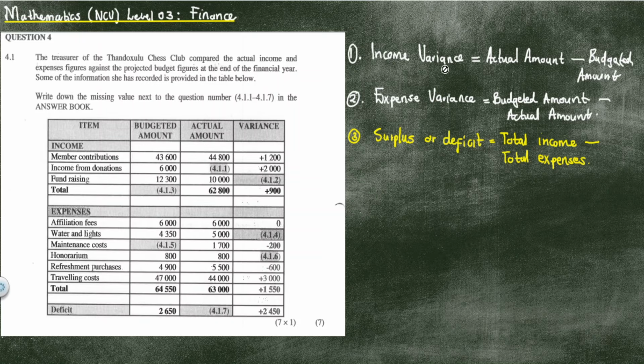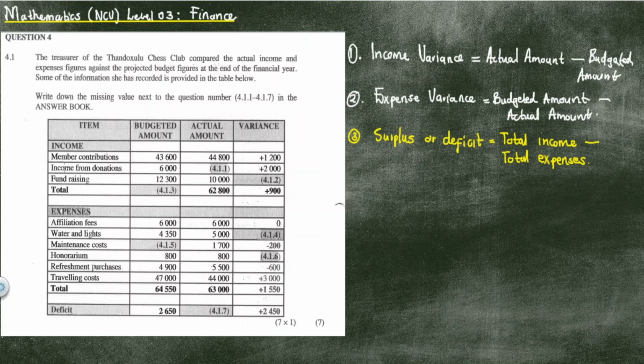So for the income part of the statement, income variance is calculated as actual amount subtracted by the budgeted amount. Number two, you have the expenses variance.